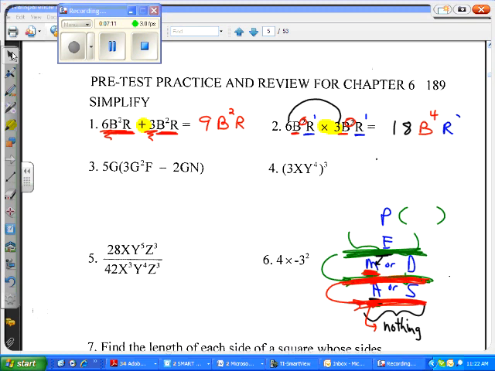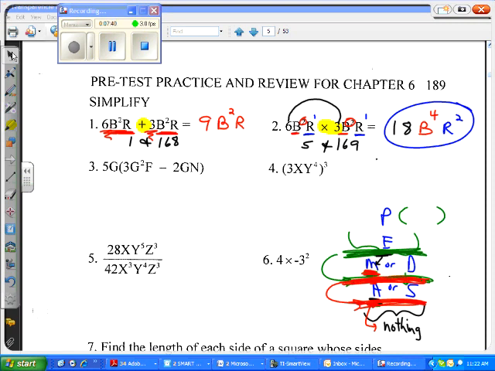Those are understood ones. And so you'd get r squared. And so we get 18b to the 4th, r squared. Any questions on that? We're connecting on this one, page 5 and page 169 in the text.